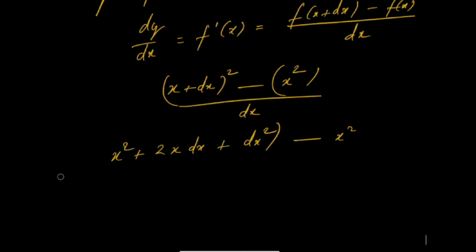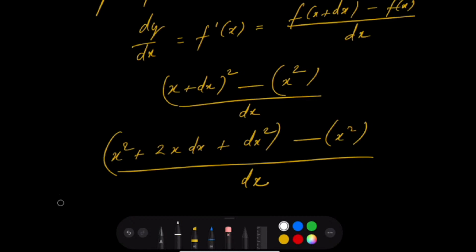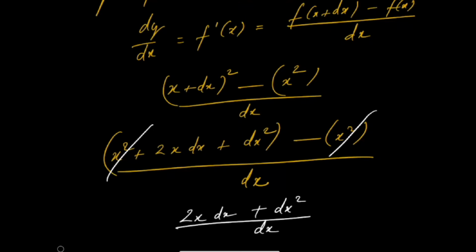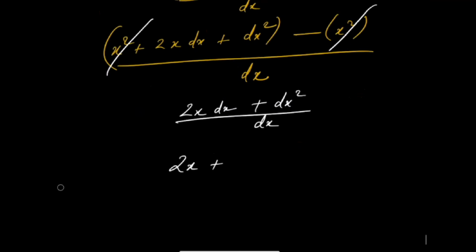Now this x squared and x squared will cancel. What will remain? 2x dx plus dx squared by dx. So if I separate it, you'll have 2x plus dx.